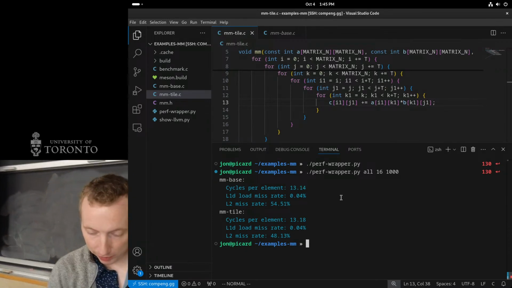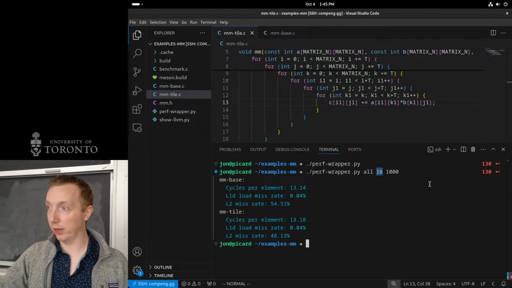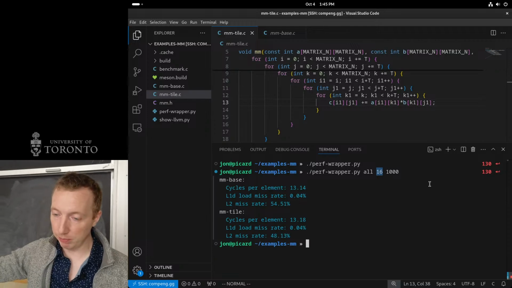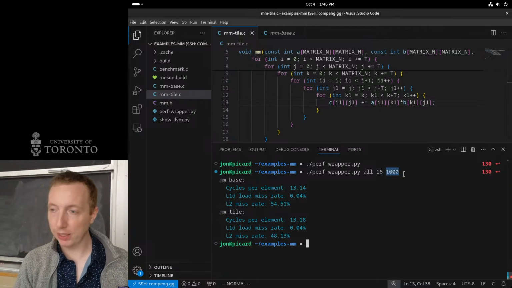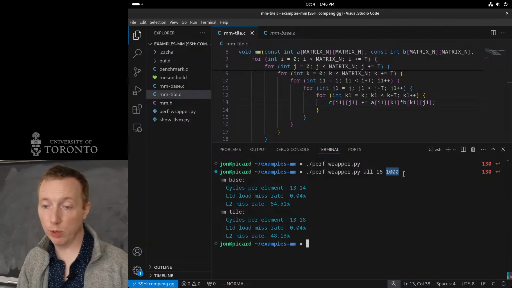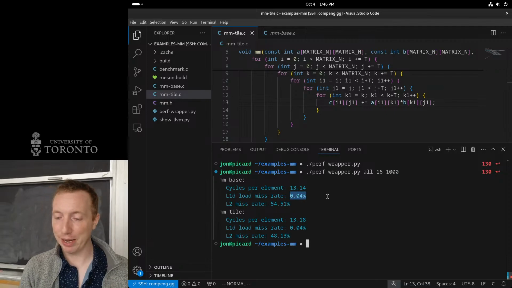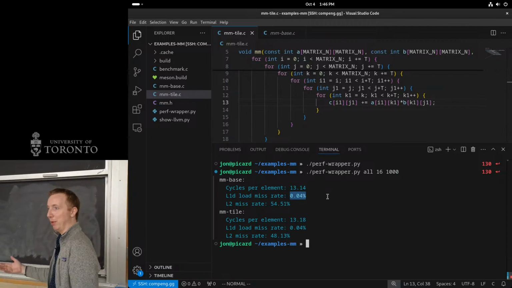The parameters I use here: this is the dimension of the matrix, in this case 16 by 16, and this is how many times to repeat it. If I repeat it 1,000 times and the whole arrays fit into cache, I expect my L1 miss rate to be pretty much 0.